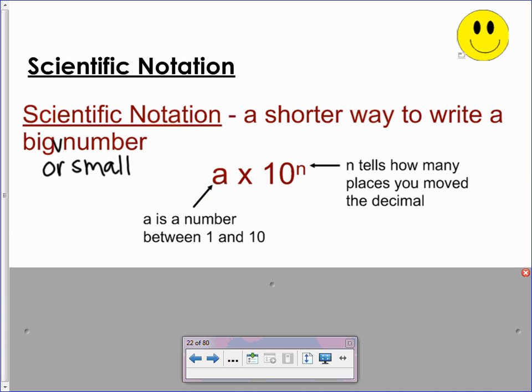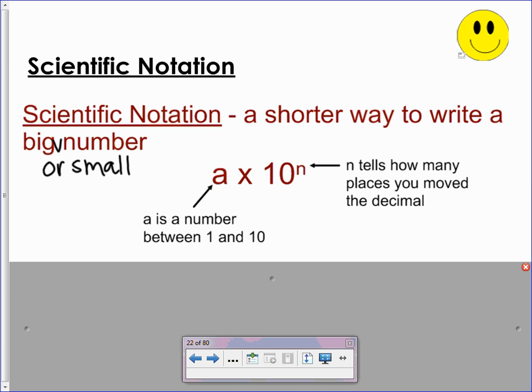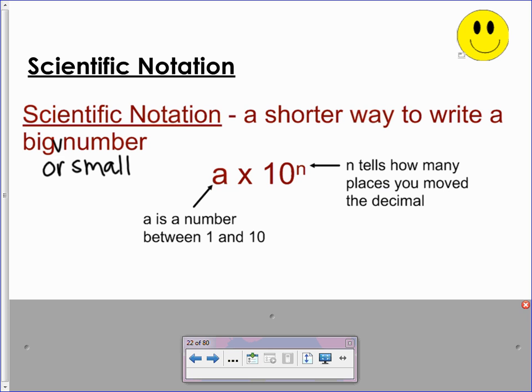And the basic form I have right here. I know this is really algebraic, but it's a times 10 to the nth power, where a is a number between 1 and 10. So that means that you can't have a number like 0.9. It has to be between 1 and 10, meaning up to 9.9999999 and so on.